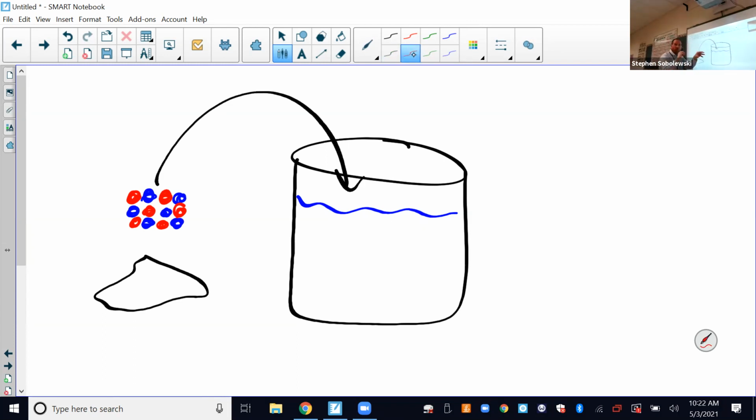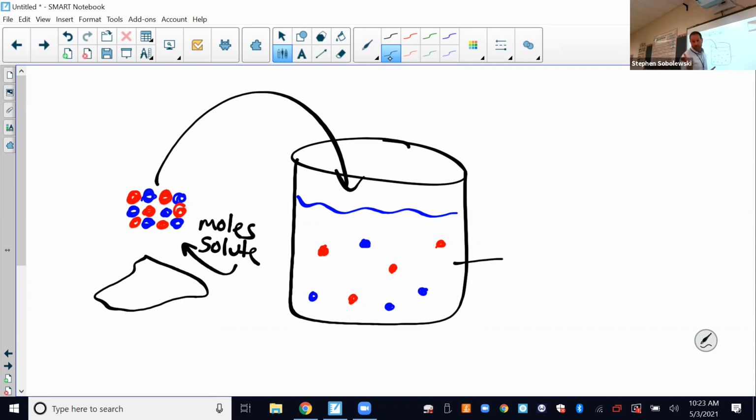The water would essentially pull it apart like piranhas attacking a piece of meat. It's going to pick it apart, and you're going to end up with these ions floating around in water. Depending on their charges, the waters are going to orient themselves in a certain direction around that. So molarity is a measure of the moles of solute divided by the liters of solution.